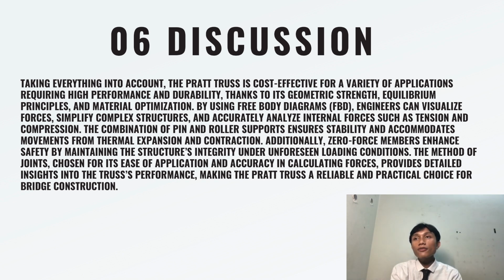The combination of pin and roller supports ensures stability and accommodates movements from thermal expansion and contraction. Additionally, zero force members enhance safety by maintaining the structure's integrity under unforeseen loading conditions. The method of joints, chosen for its ease of application and accuracy in calculating forces, provides detailed insights into the truss's performance, making the Pratt truss a reliable practical choice for bridge construction.